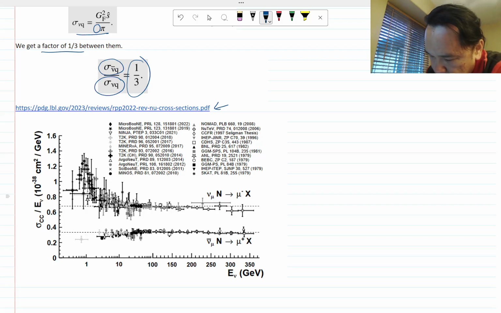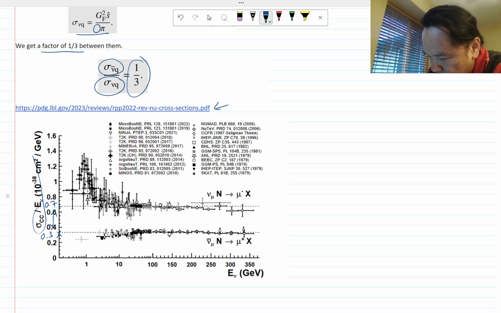The lower energy data, which is also very interesting, where you start to have this pickup, shows this is about 0.3 times this cross section, and here it's about 0.7 times this cross section. Notice that this ratio is like 2.5. It's not quite 3.